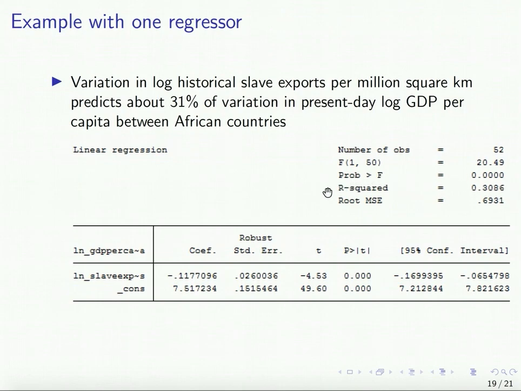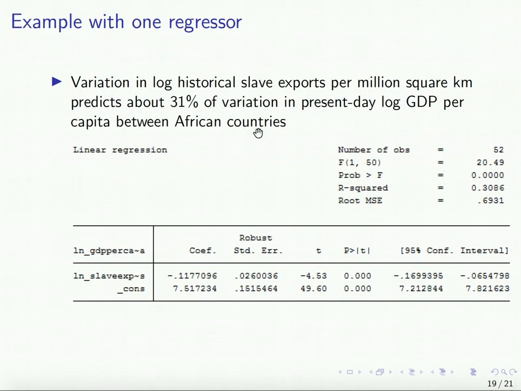The R squared in this case is 31%. What this is saying is that the variation in the log historical slave exports per million square kilometers predicts about 31% of the variation in present-day log GDP per capita between African countries.